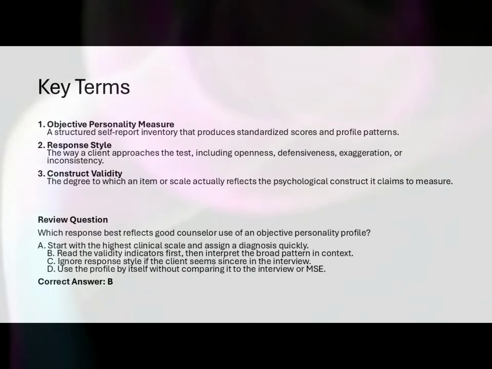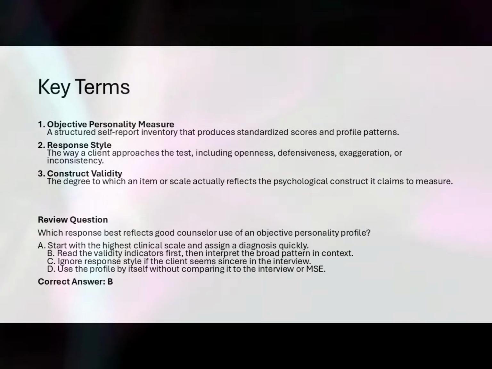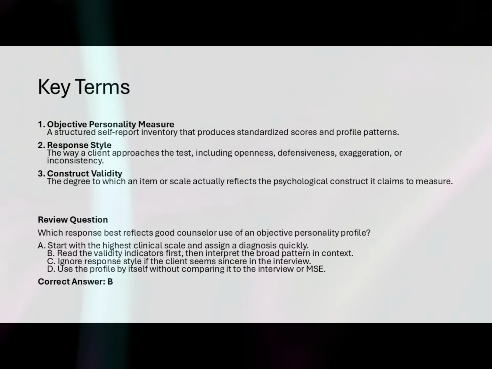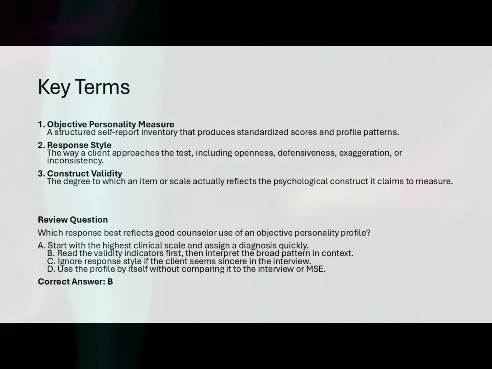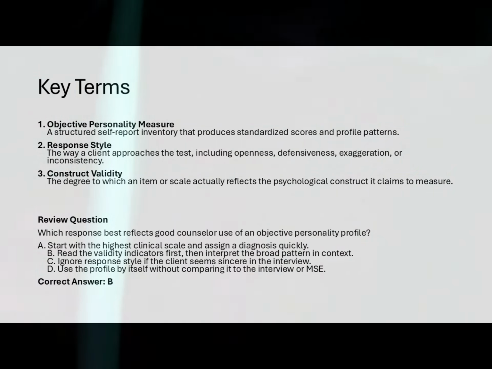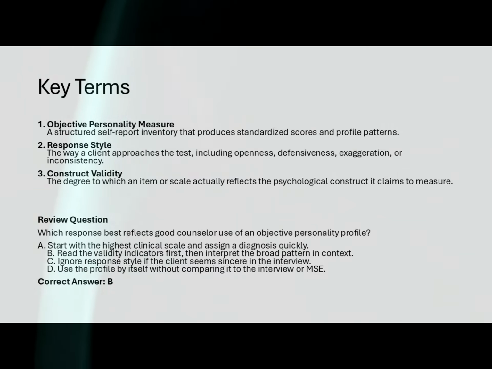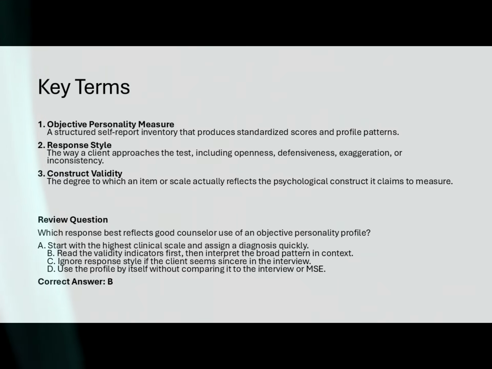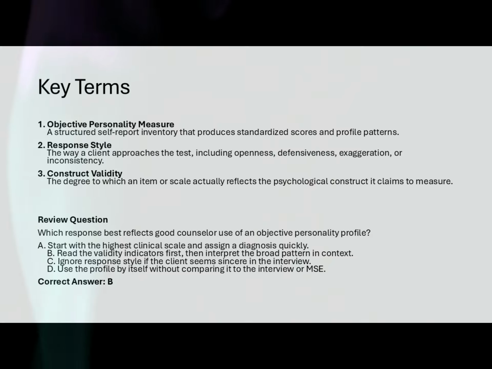Now, let's close out our lecture with a little bit of review of some of the basic key terms that I want you to remember for this week. The first key term is objective personality measure, and that is just what it says.